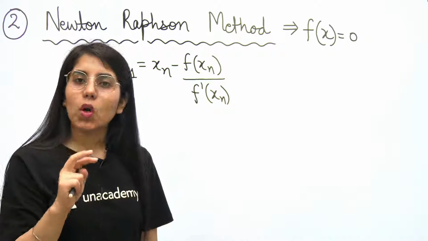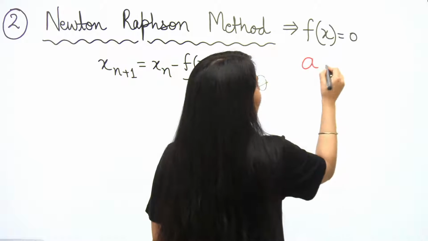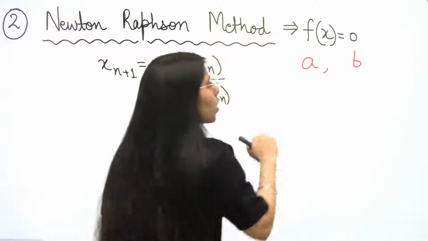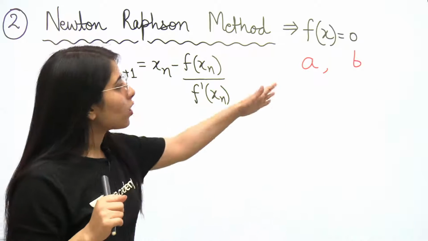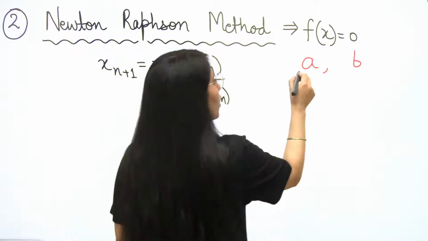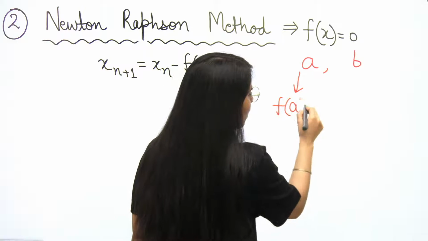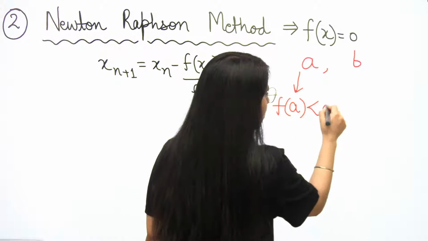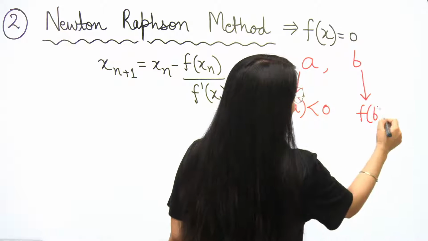These will be two consecutive numbers. Once again, for example, a and b, these are the two consecutive numbers. Clear? Next point, for the a and b points, you have to check the value of the function. These points should be such that at one point the value of the function is less than 0, while at the other point the value of the function is greater than 0.